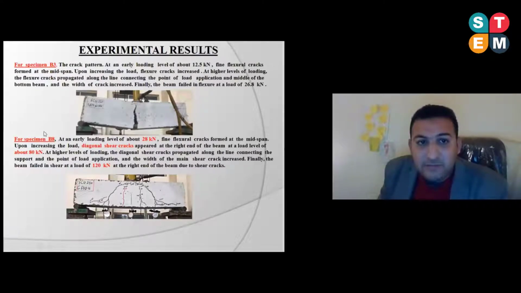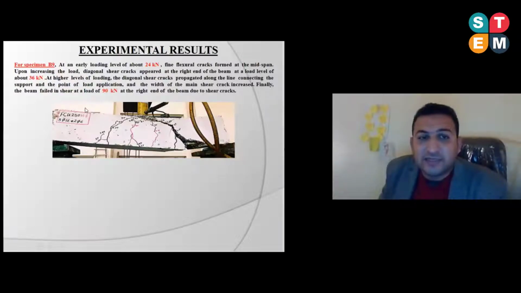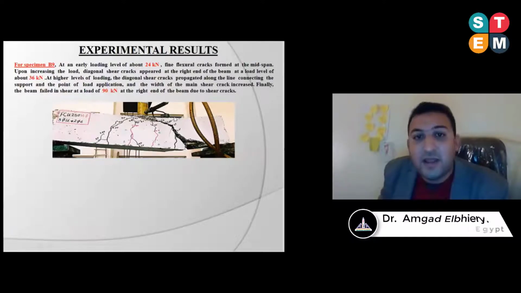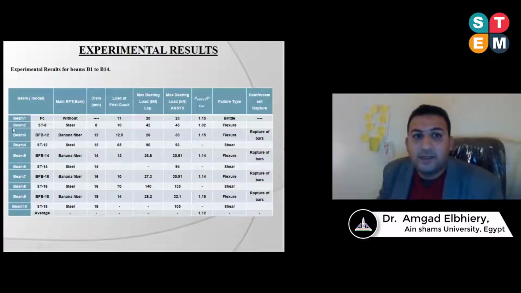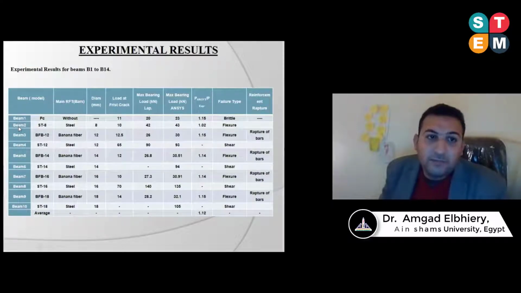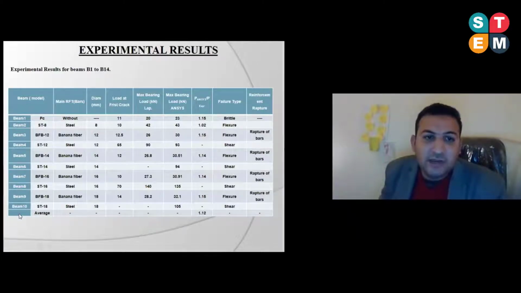The third, beam 8, it's called shear failure due to its diagonal shear cracks due to the load, because it had a glass fiber. And this is the hybrid material, composite material, glass fiber and banana fiber, and the cracks are also shear failure. This is beam 1, beam 2, beam 3 to beam 10.